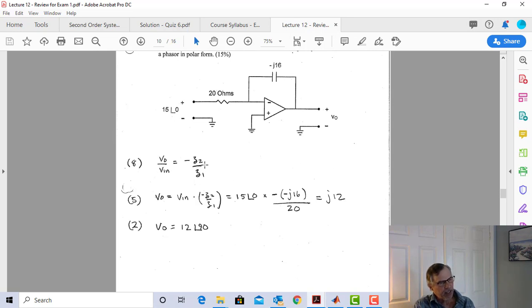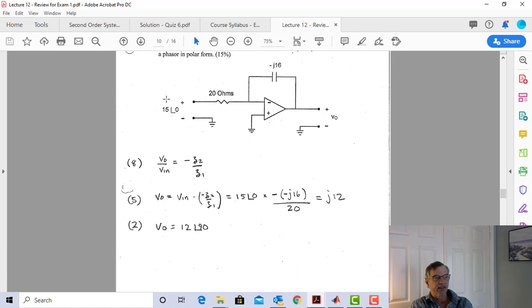So here's our basic equation. Vout, which we're asked for, is going to be Vin times minus Z2 over Z1, which is going to be 15 at an angle of 0, times a negative, that's this negative, negative j16 divided by 12, and Vout is equal to j12.